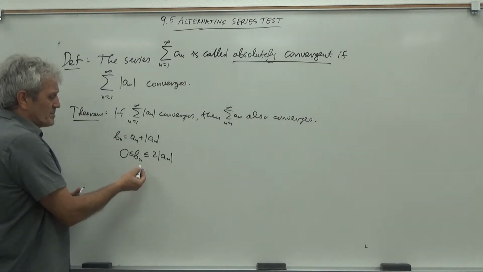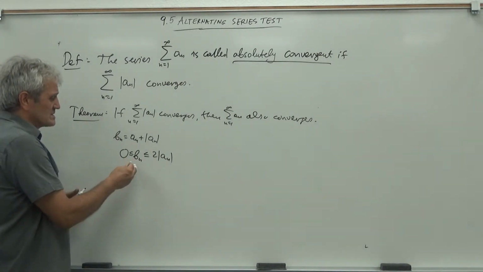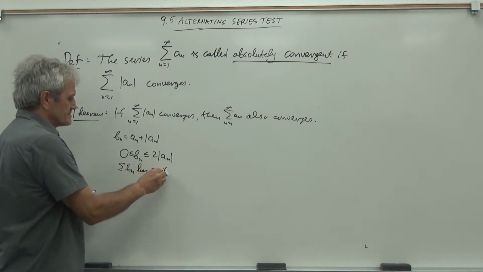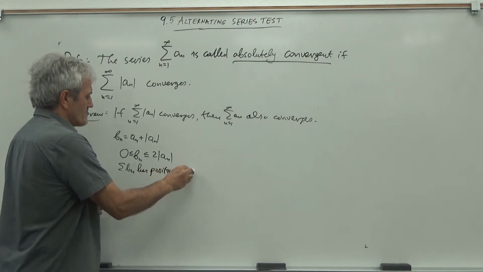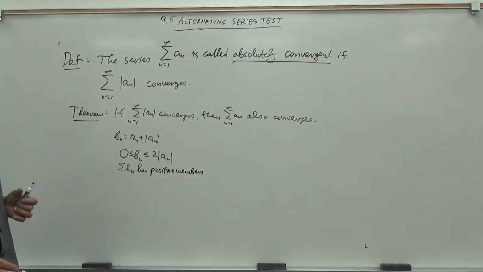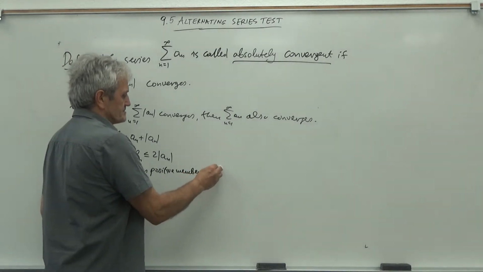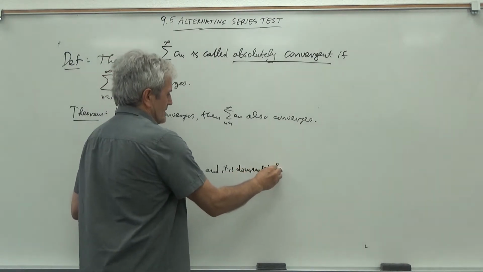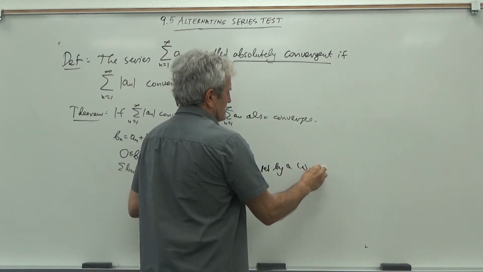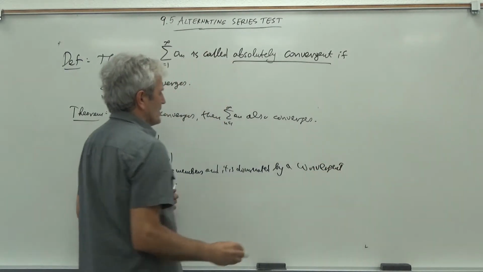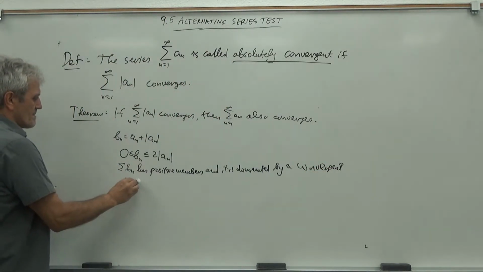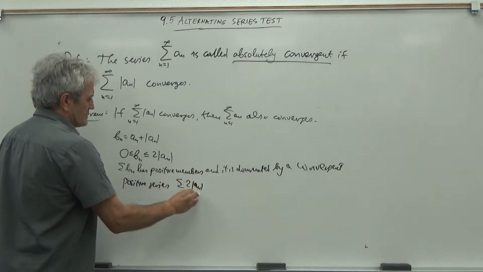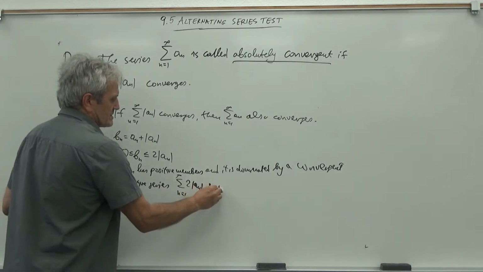Now b_n itself is positive, so the sum of b_n is a series with positive members, and it's dominated by a convergent positive series, the sum of 2 times the absolute value of a_n. So it is convergent.